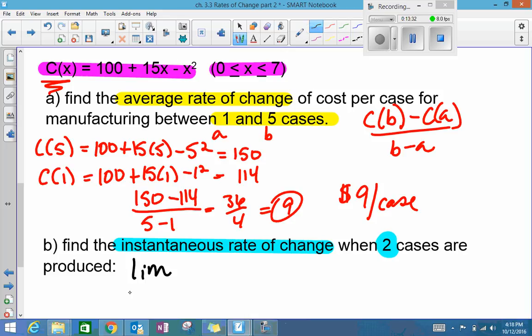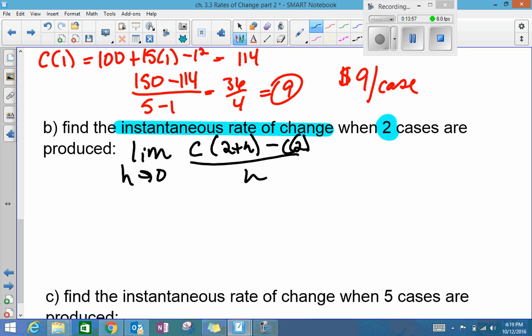We want to say, what's the limit as h approaches 0 of c, again, because that's the name of our formula, c of 2 plus h minus c of 2 over h. And again, don't let the change between calling a function c and calling a function f throw you, it's just using the proper terminology.